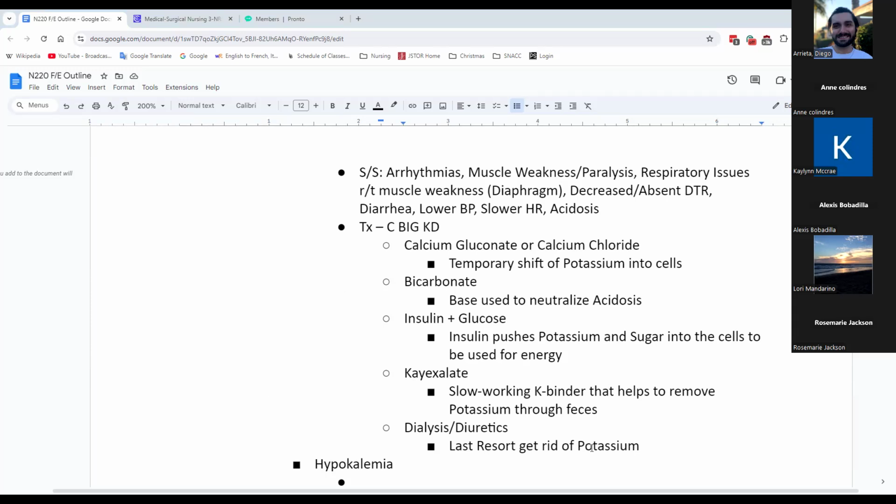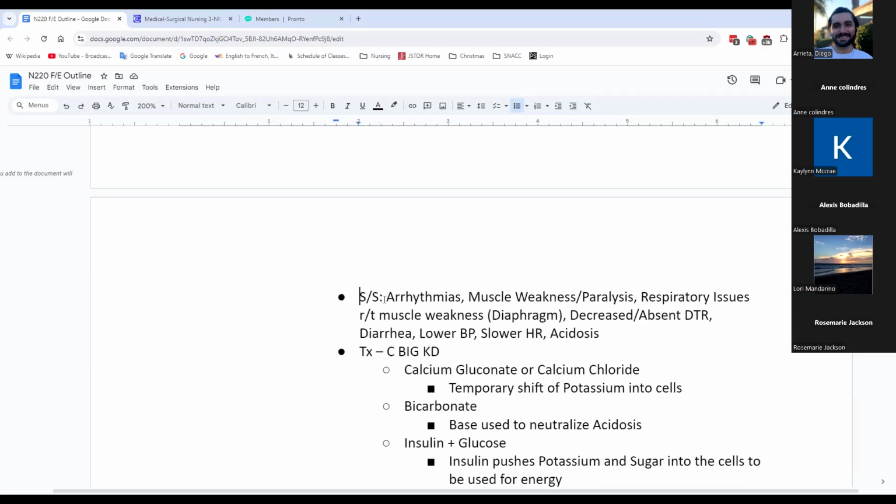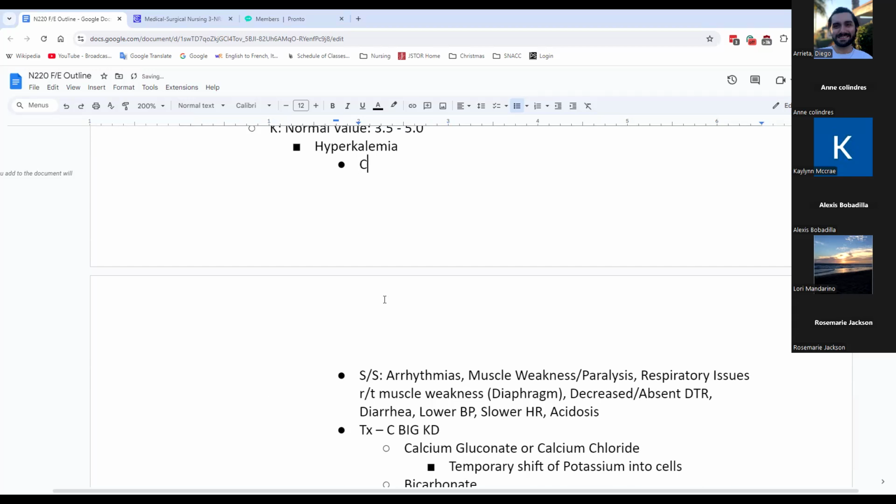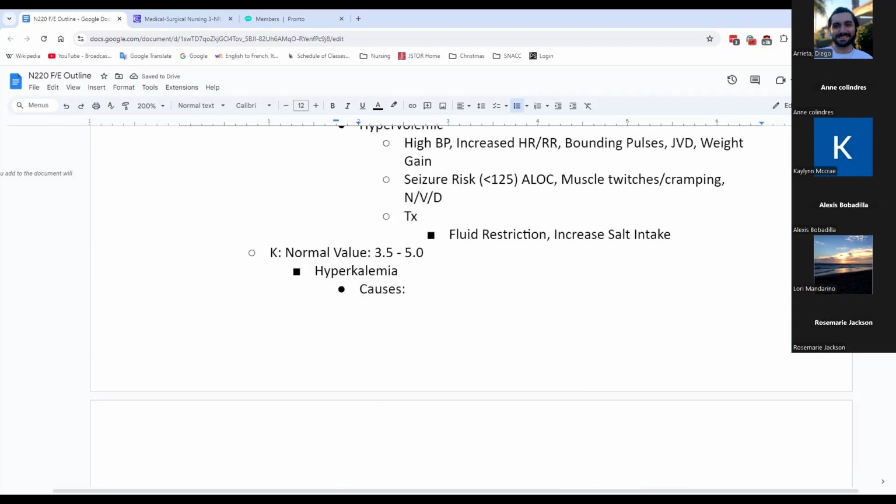Okay. What are some things that can cause potassium overload, hyperkalemia, that you guys can think about? Your DKA, yeah, that can cause that.